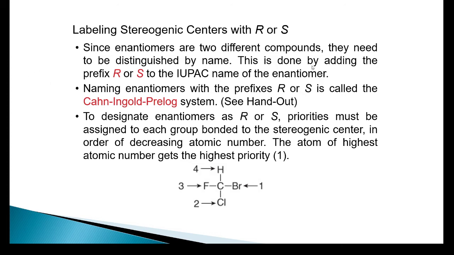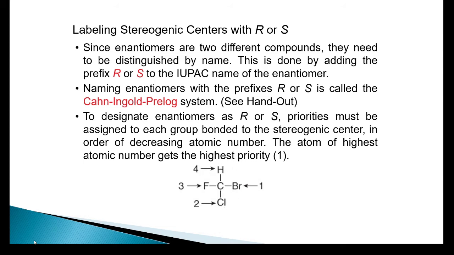Okay, so we look at these, and if we go by numbers, now it just so happens these are all drawn in the plane, so we don't have to worry about putting hydrogen in the back. However, for our intents and purposes right now, highest atomic number is bromine, then chlorine, then fluorine, then hydrogen. Bromine, number 1, then chlorine, then fluorine, then hydrogen.